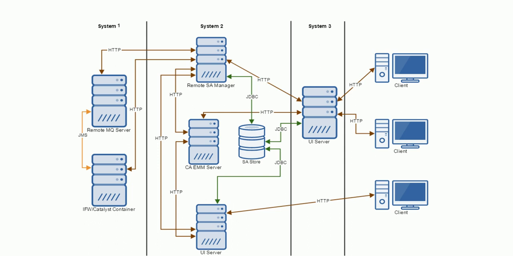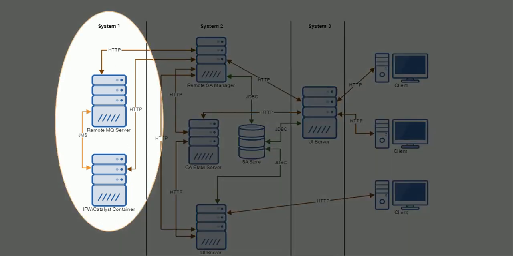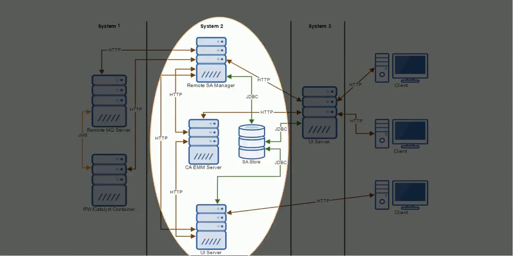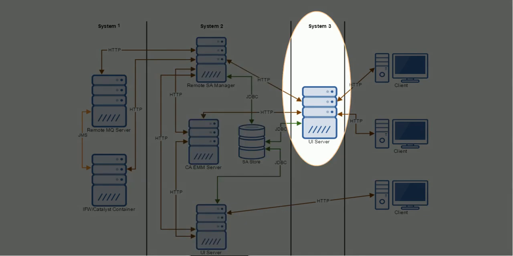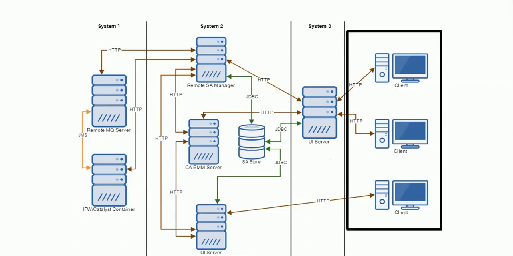CA SOI is deployed in three different systems: Remote MQ Server and IFW Catalyst Container on System 1, Remote SA Manager, CA EEM Server, UI Server, and SQL Database on System 2, and UI Server on System 3. The two UI servers are connected to different client systems. The client systems can be Operation Control, Dashboards, Mobile Dashboards, Report Console, USM Web View, and Debug Pages.